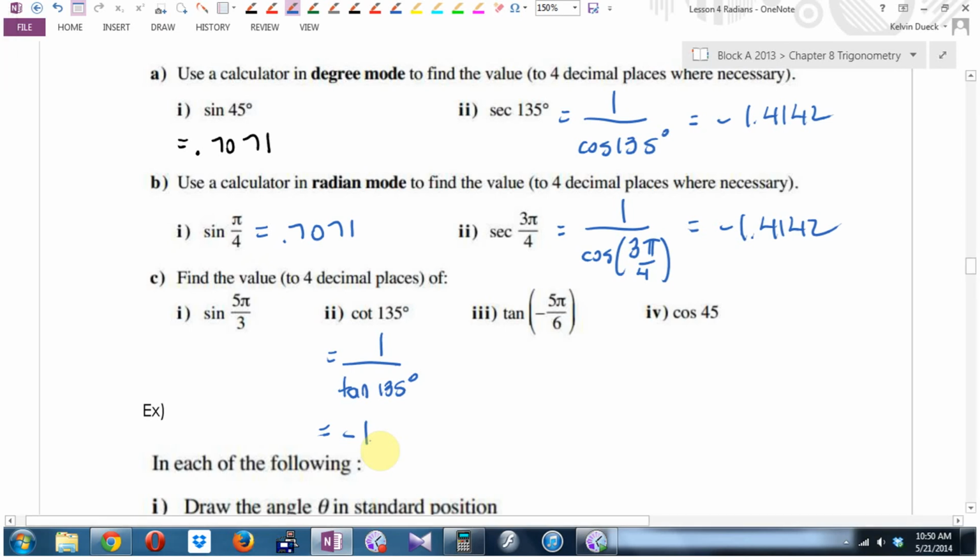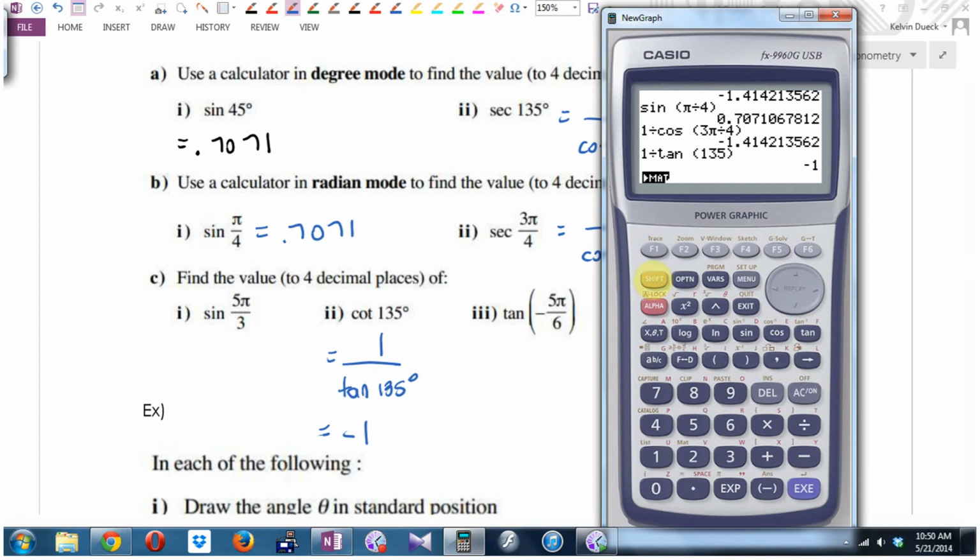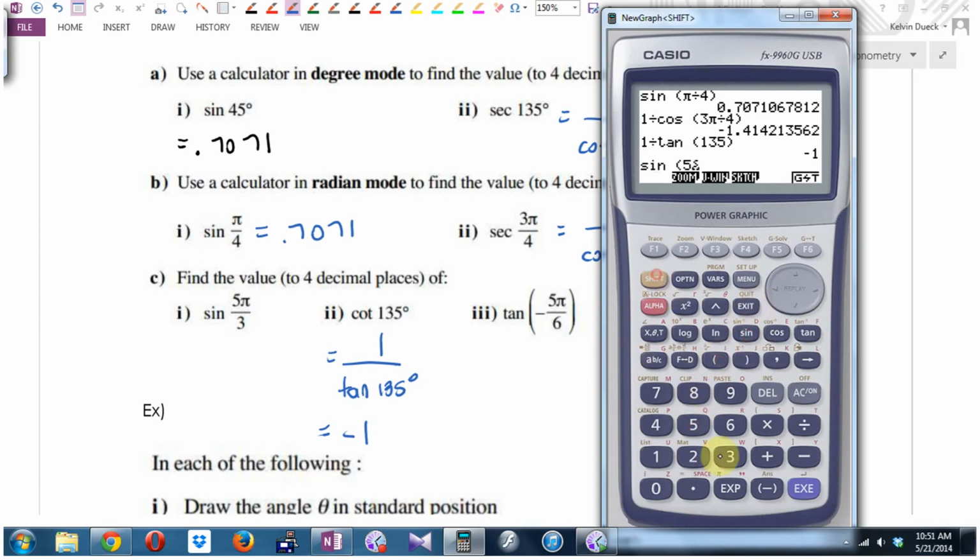The rest are in radians. Put my calculator back in radians. Find 1 and 3 and 4 on your own. I'll do them up here. Let's see if we get the same thing. I'll freeze the screen.